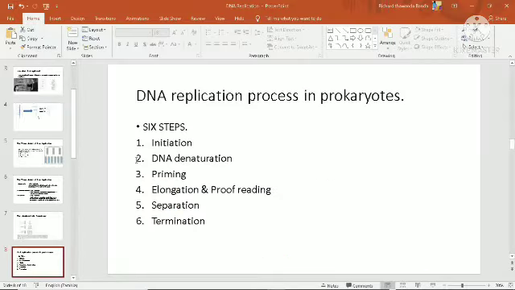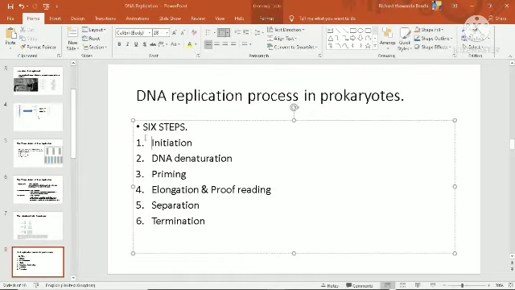All right. So in prokaryotes, which are organisms like the ones which were used in the experiments, E. coli, and so on, replication is simpler than in eukaryotes. So for the purpose of this discussion, I've divided the replication process into 6 steps, and I'll try and discuss them.